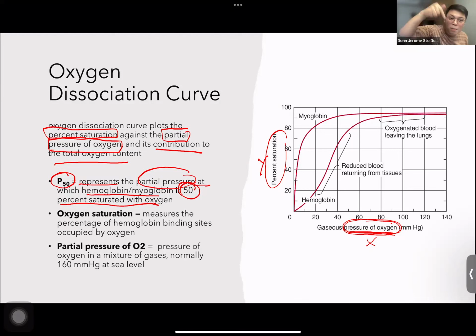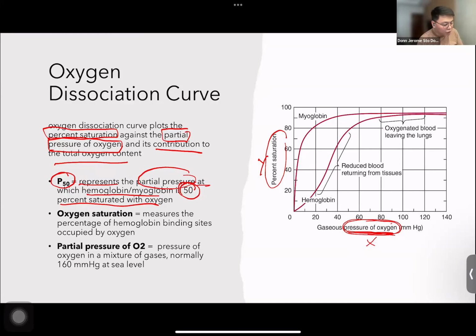Pag low ang P50, ano ang affinity ng oxygen to your hemoglobin or myoglobin? Mataas. Pag high ang P50, anong affinity ng oxygen kay hemoglobin or myoglobin? Mababa. Later on, ma-apply niyo yan when we discuss the right shift or left shift of your hemoglobin dissociation curve.